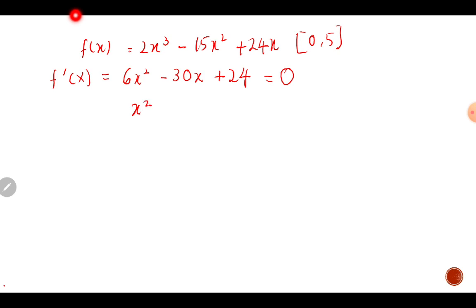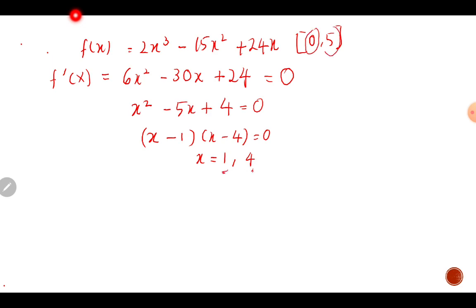We have x squared minus 5x plus 4 equals 0. So from here we get x minus 1, x minus 4 equals 0. So our critical numbers are x equals 1 and x equals 4. So we have 2 critical numbers, and our end points are at 0 and 5.